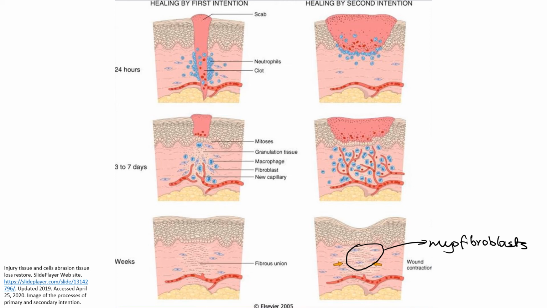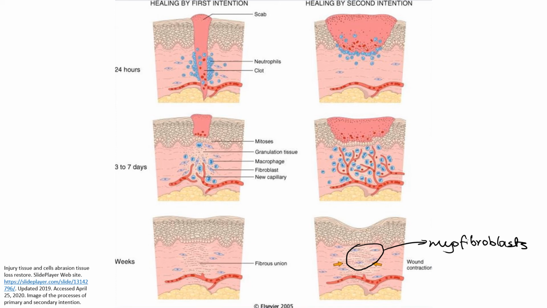Because there is collagen deposition occurring as opposed to proper skin, there is an inability of melanocytes to proliferate properly in that area, and now the skin is lighter than usual, and this process is what is called blanching. So the skin is whiter or lighter in that injured area as opposed to the surrounding skin, and this is usually seen in secondary intention.